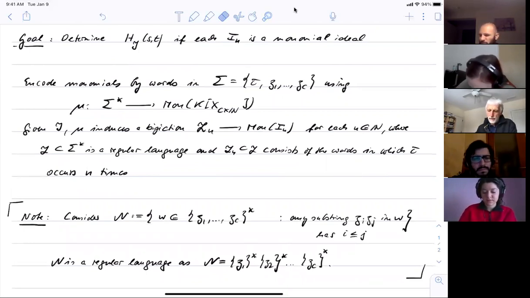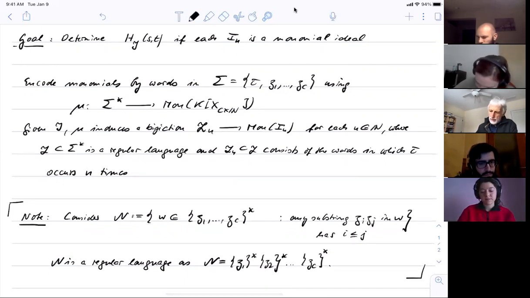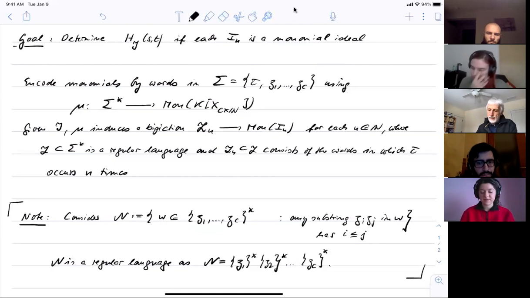If you just look for words in the alphabet zeta 1 up to zeta c, but you allow only words where any substring of the form zeta i, zeta j satisfies that i is at most j. That means you fix the order of your indices of the zetas. I said yesterday this is a regular language.